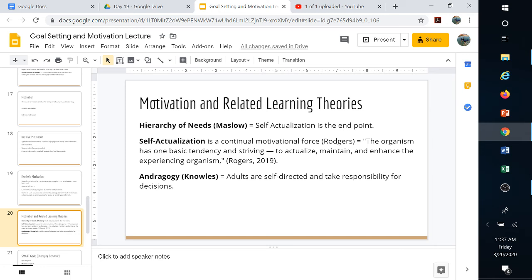Andragogy, Knowles, big part of this class, right? Self-directed. Intrinsic motivation ties into this, what we just talked about. You are responsible for your own decisions. I believe that. I believe y'all are college students now. You have gotten away from high school mentality. I'm trying to move you away from that, from blaming everybody else for your learning or relying on everybody else for your learning.